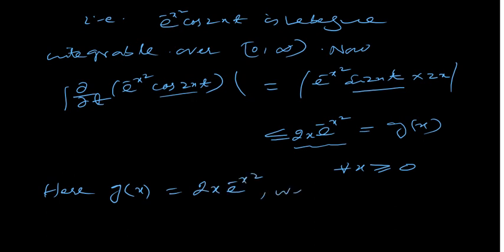We see that the integral 0 to infinity of g of x exists. How does it exist? We have the integral 0 to infinity x e power minus x square dx.